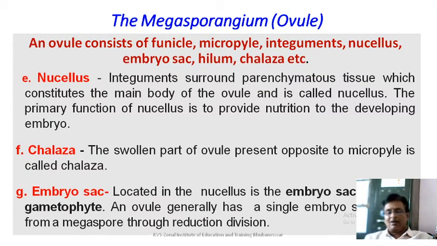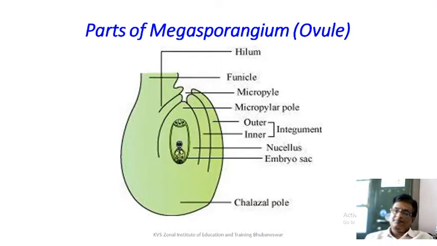Then the embryo sac. You remember the centralmost part of the ovule is the nucellus, nutritive tissue. Inside it, the embryo sac develops basically towards the micropylar end, and a single embryo sac is developed from a megaspore through reductional division, that is meiosis.